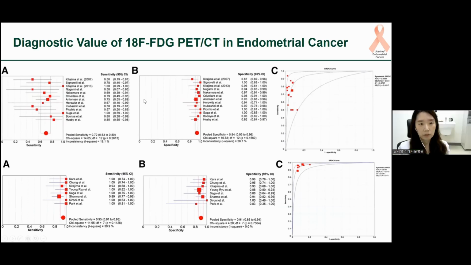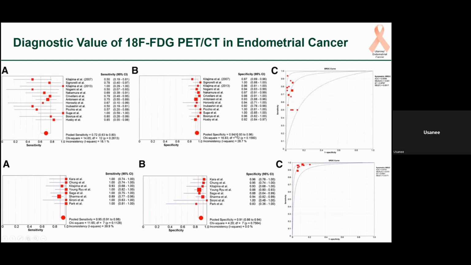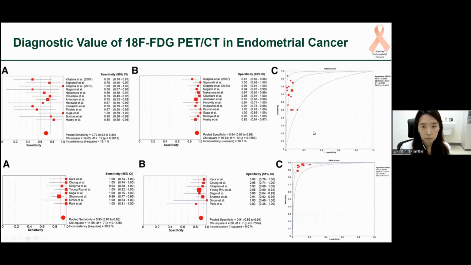The first row shows that FDG PET/CT has moderate sensitivity and high specificity, 0.94, in the detection of lymph node metastasis. So that means FDG PET/CT has moderate sensitivity and high specificity in the detection of metastatic lymph nodes from endometrial cancer.